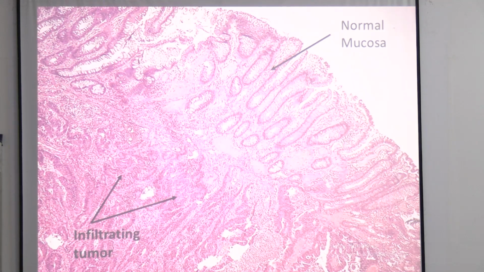So the glands are lying back to back, and these cells are all malignant cells, and the mass is infiltrating beneath the mucosa. It is in the submucosa and the muscularis propria region. Here is the malignant infiltrating tumor, and here there is the absolutely normal mucosa.